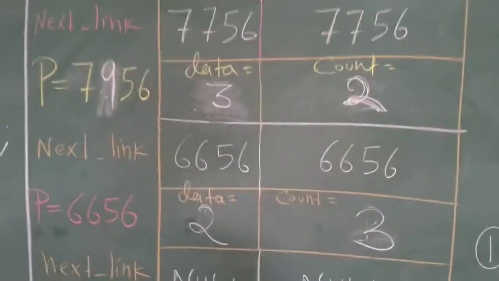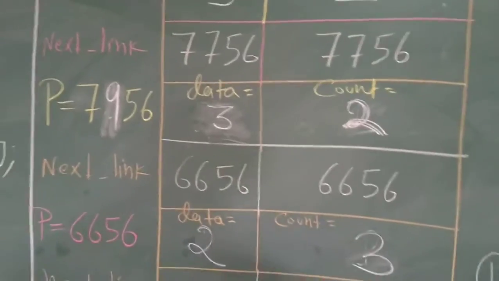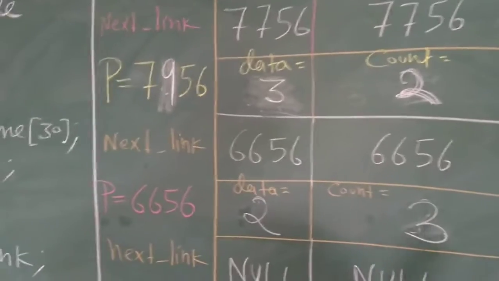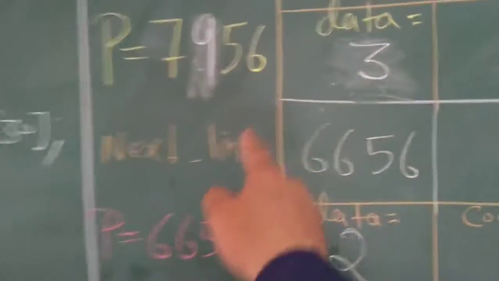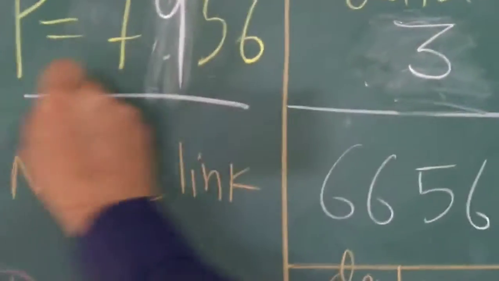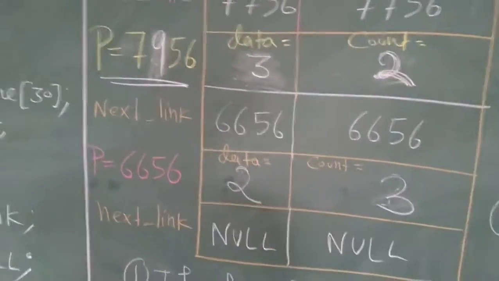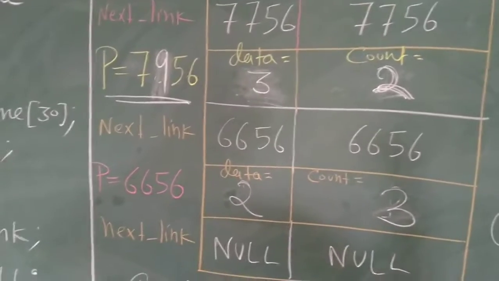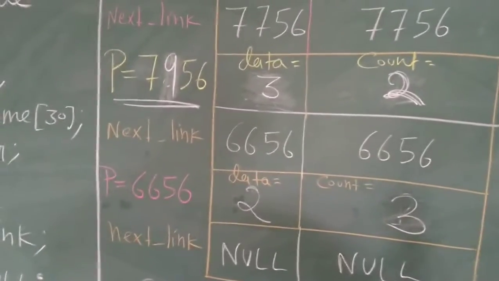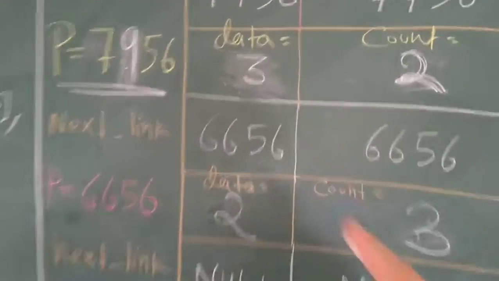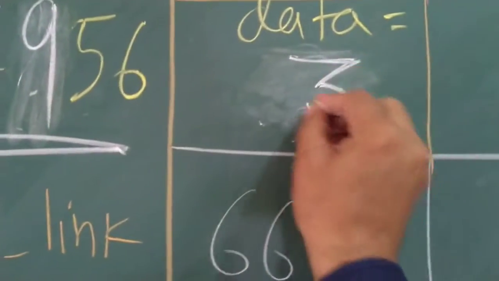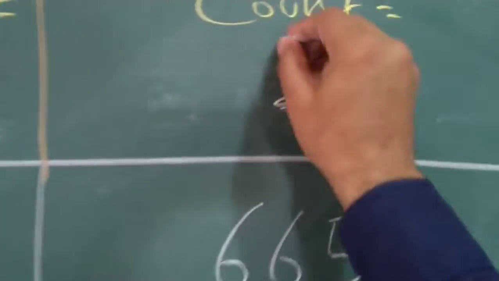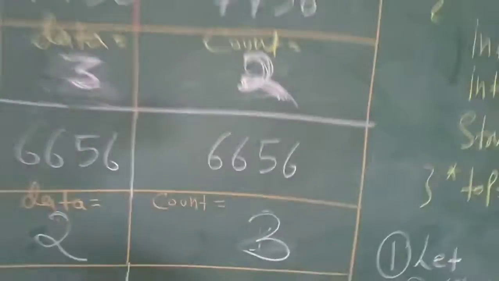So why are we doing such problems? You know that whenever the data is repeating many times, why should we store the same data in different addresses? The question is why we are storing the same data in different addresses. In data science, once the same data comes, the count will increase. This is data science actually.